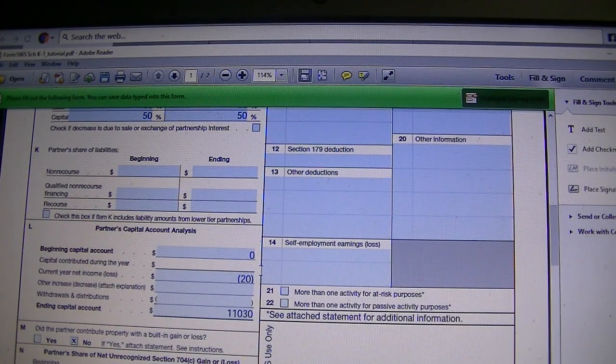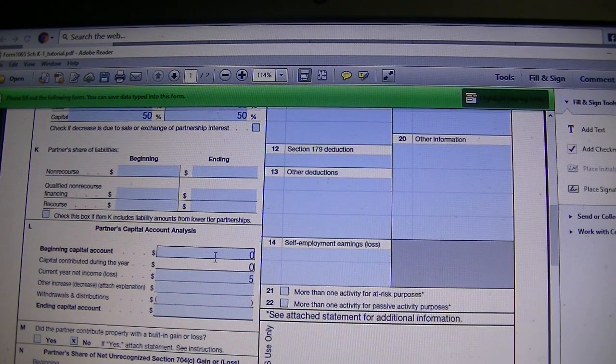So this, I'm going to change it, but beginning capital account, let me see here, I can take those things out. And current year net losses, this will be pretty much that 5. If you contribute capital during the year, you'll put it here, otherwise it will be 0.